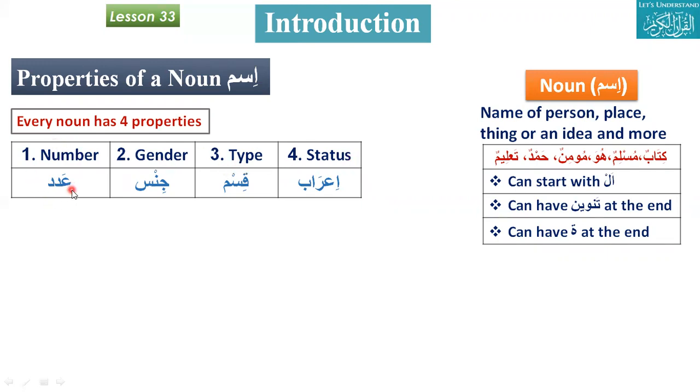In Arabic: adad, jins, qism, i'rab. And give me any example of ism. If I say Arham, what is he? Ism. It's a name.